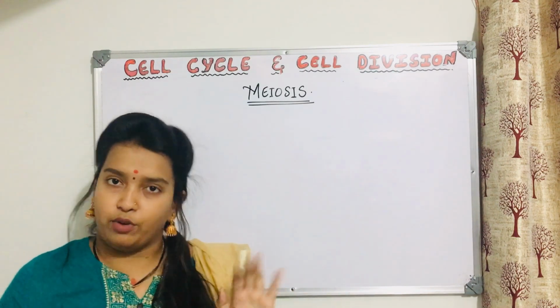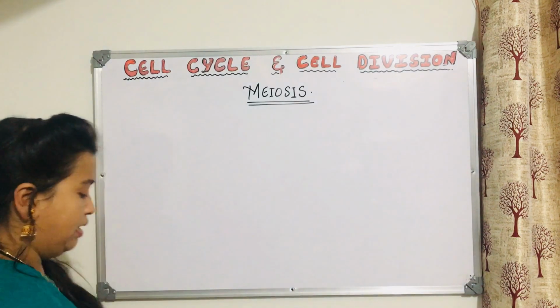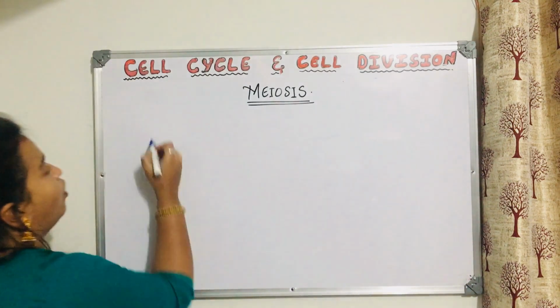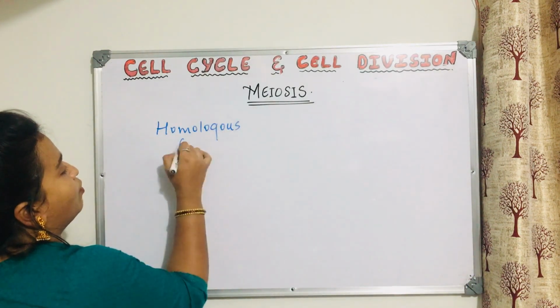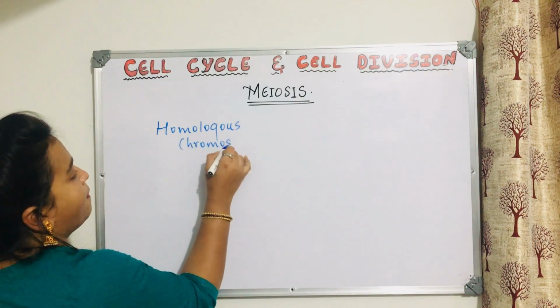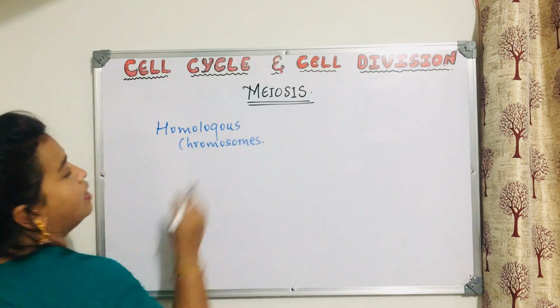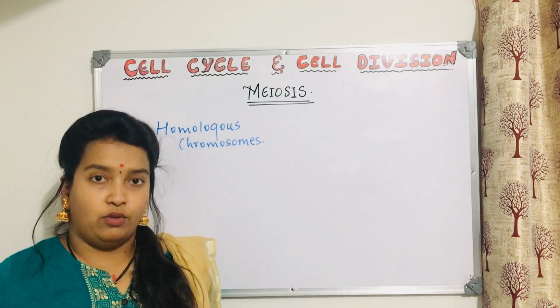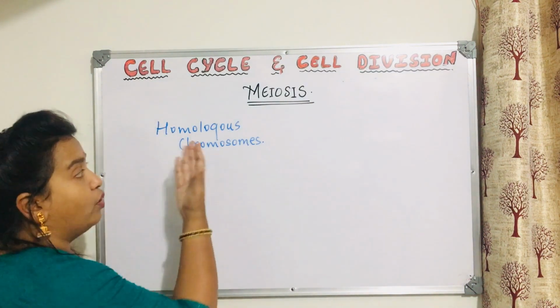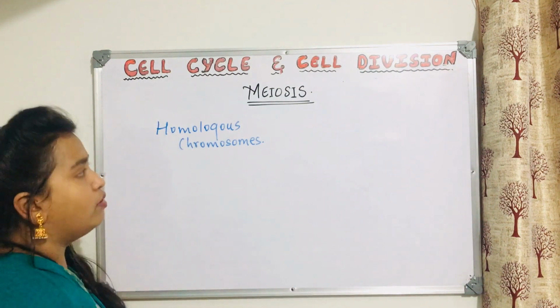So first we will try to understand what homologous chromosomes are, because meiosis, I told you, involves pairing of homologous chromosomes. So we will discuss that.